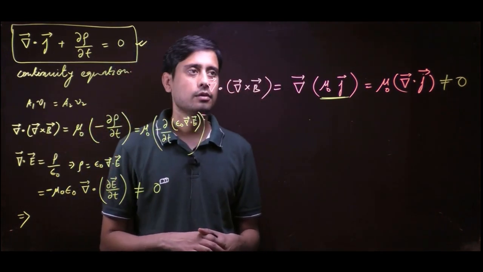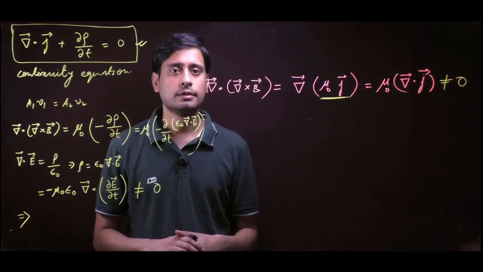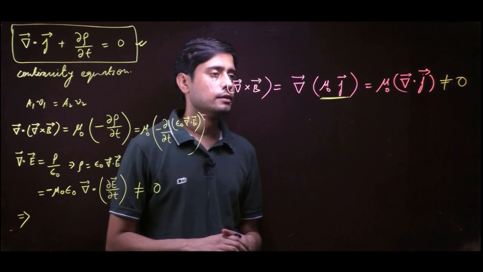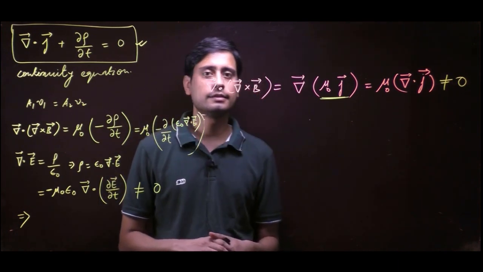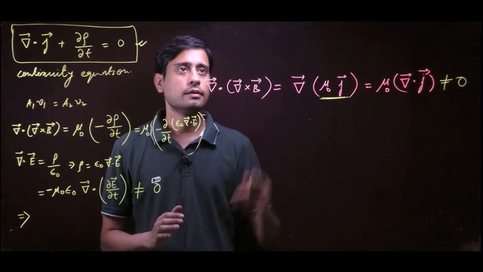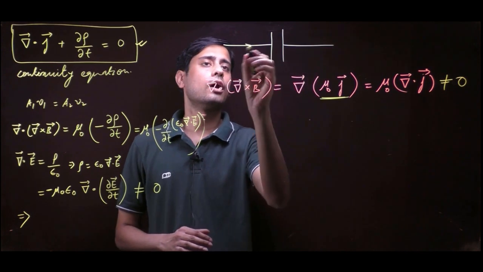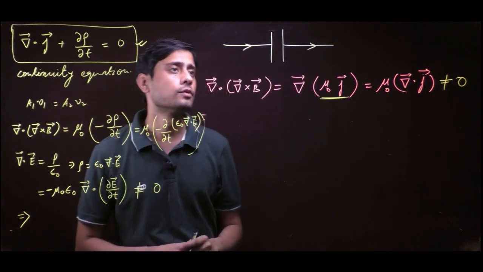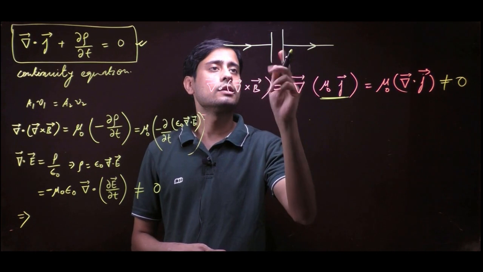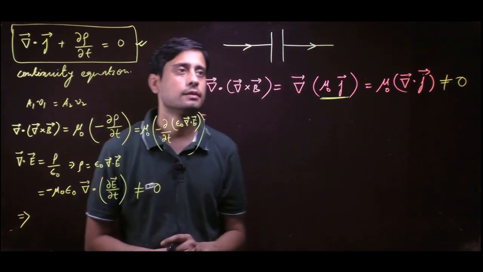In the situation of a capacitor, it was found that that is the case. We are not able to find how the current flows without any actual conduction between the plates.